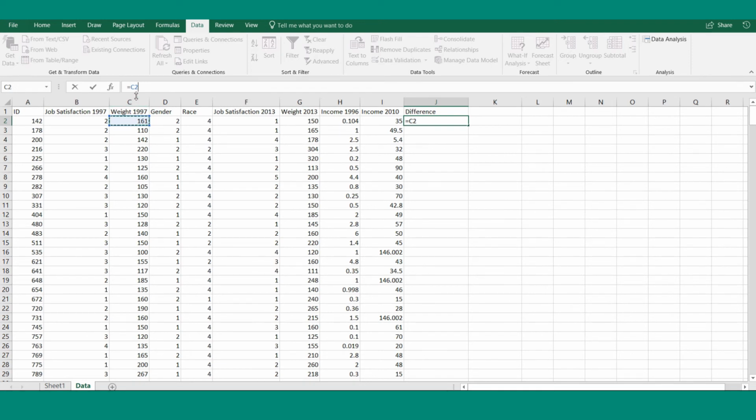And then I push minus, and I'm going to go to the weight for 2013, and also I want the cell letter and number to come up. And the reason I want that is so we can repeat this formula over and over again for everyone. So this did 161 minus 150, and that equals 11.